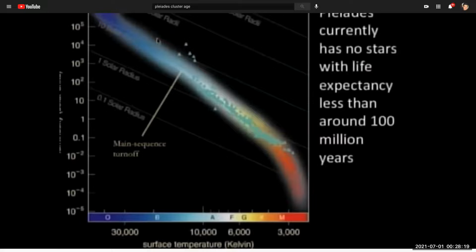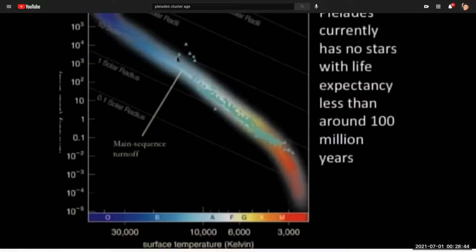If they have already died, and we cannot find any stars with less than around 100 million years of life expectancy, we know that this cluster has to be more than 100 million years old. It has to have had time to form all the stars and to let them die, okay?